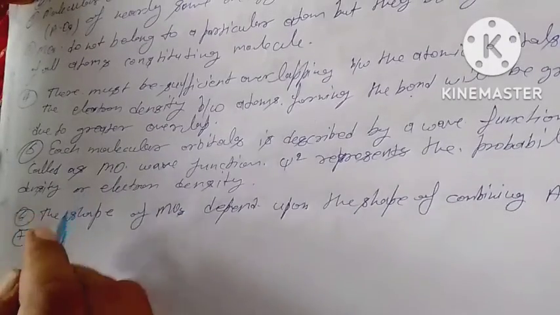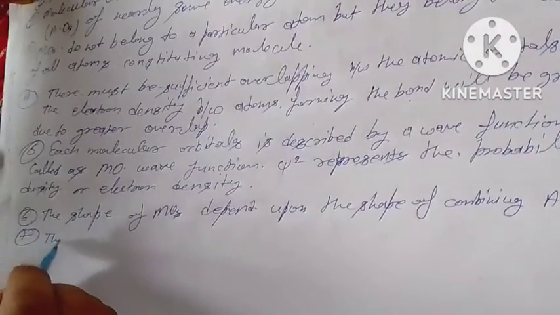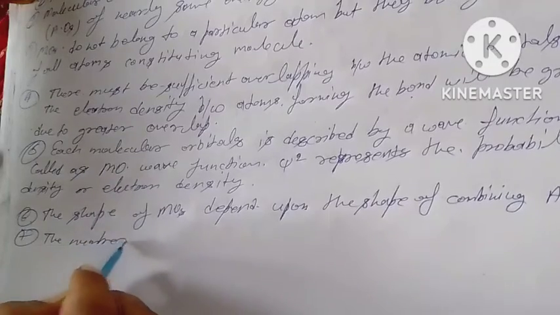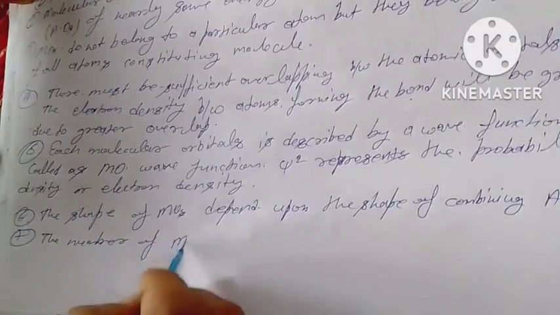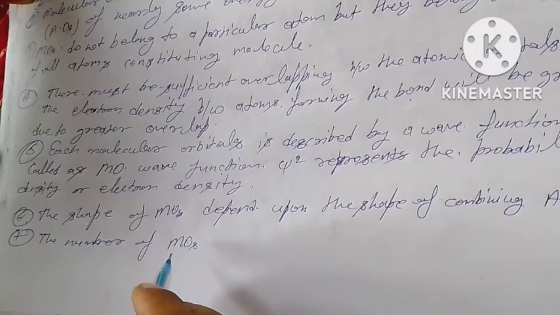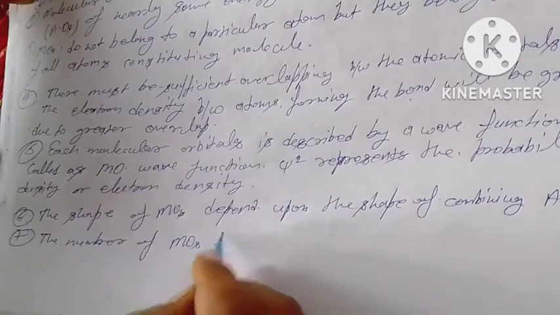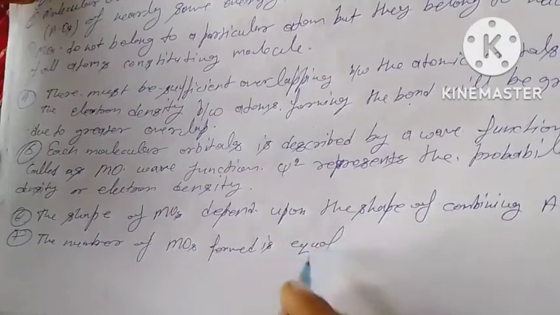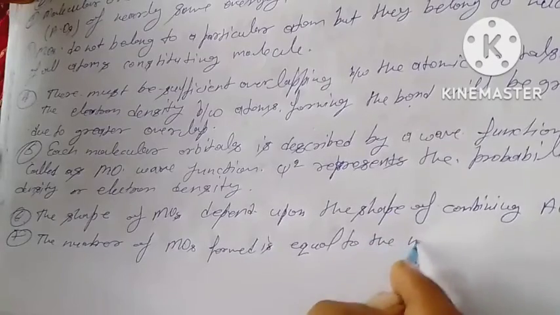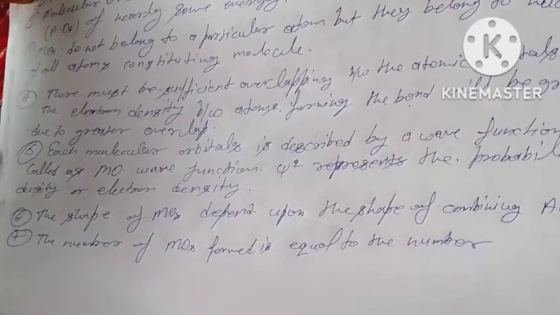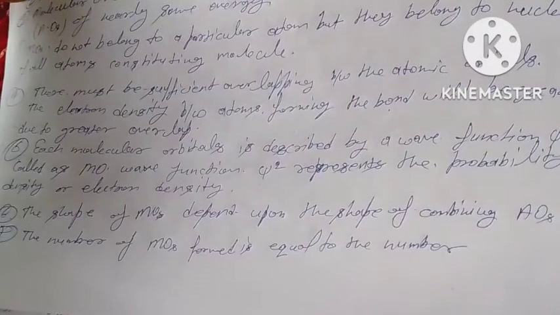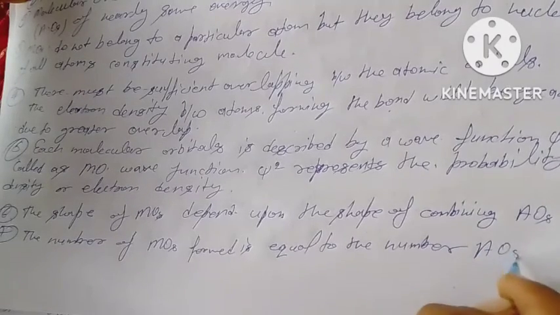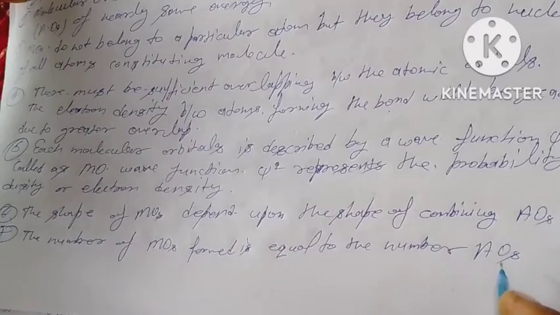Seventh point. The number of molecular orbitals formed is equal to the number of atomic orbitals undergoing combination.